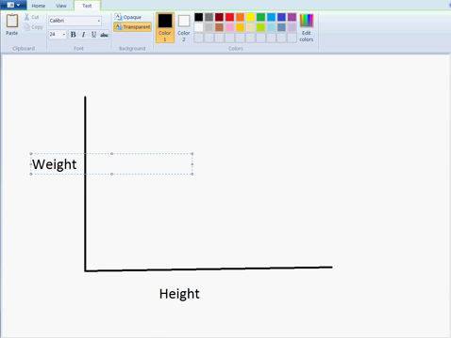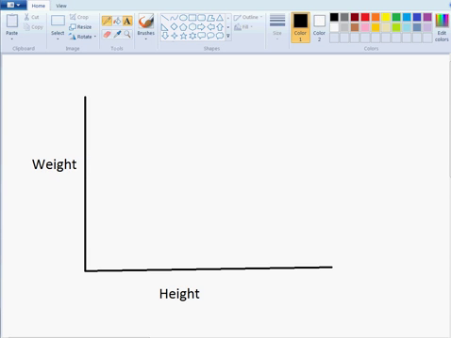Then you'd get some dots, and then we'd get a correlation line or something like this. So this is the kind of plot we're doing, just a scatter plot, one thing against something else.